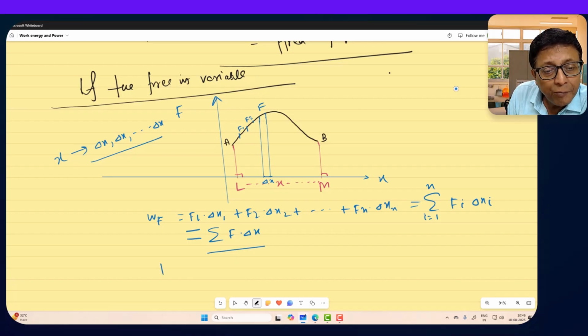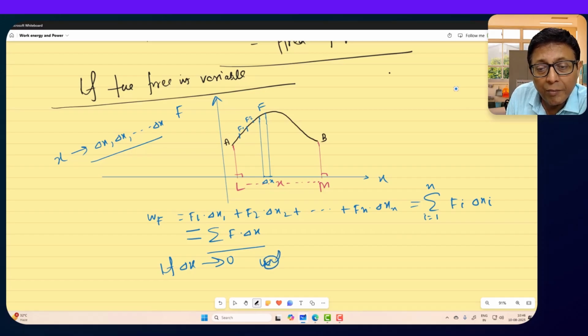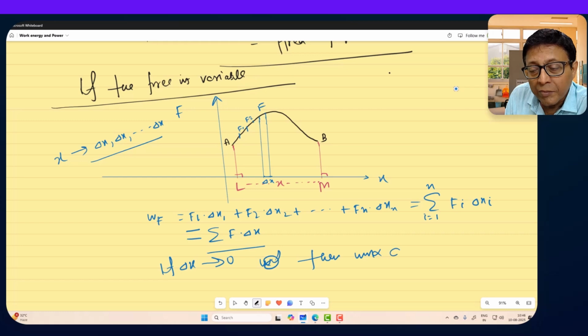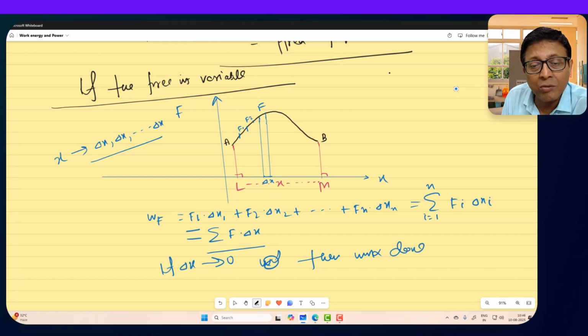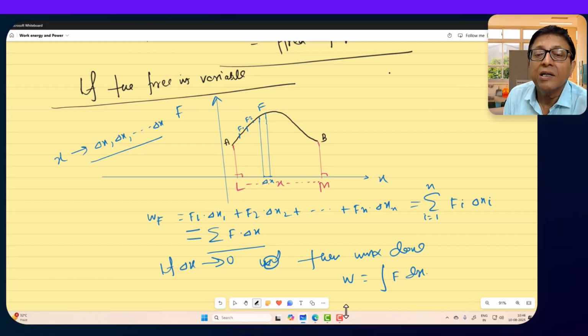Now, if delta x tends to 0, then what will the work done be? If delta x tends to 0, then the work done will be the integration of F into dx, assuming that delta x is very small, it is dx.